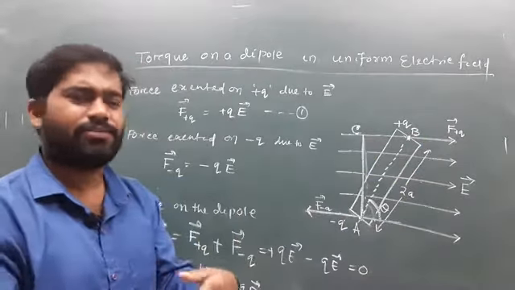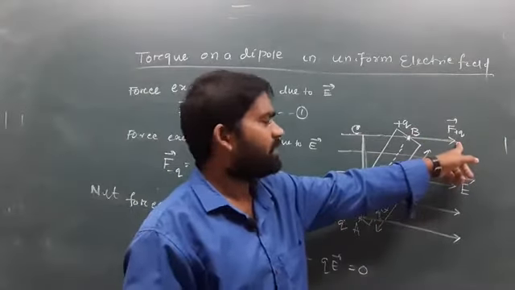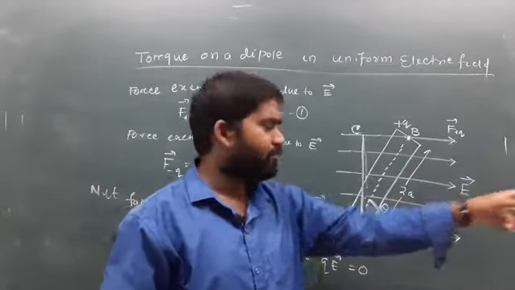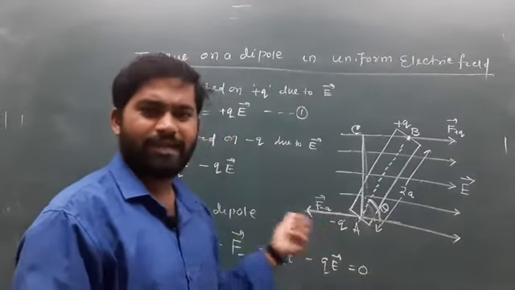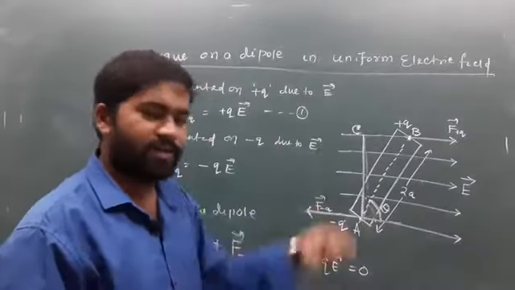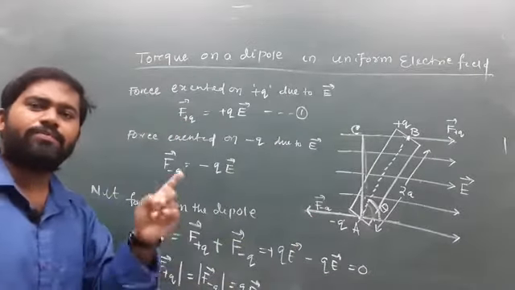One is towards the electric field and the other is away from the electric field, and they have a perpendicular line of action.